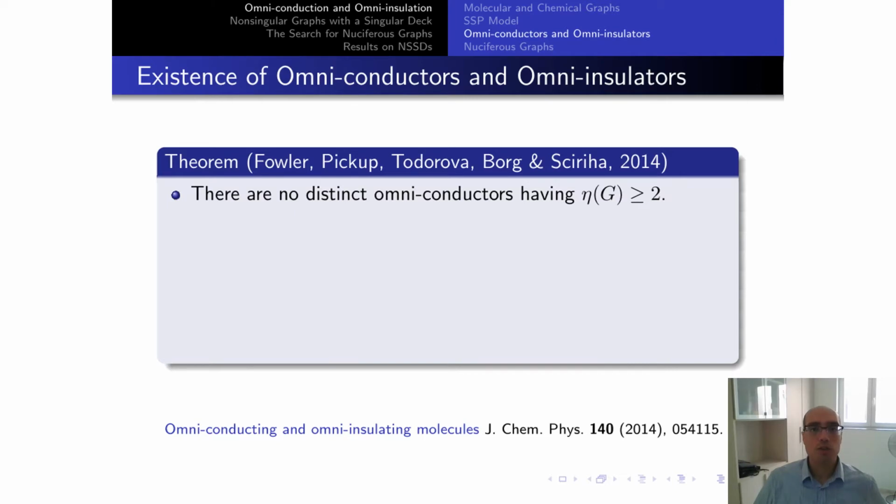The question now is whether these omniconductors or omni-insulators exist. And we have the following list of results from the paper Omniconducting and Omni-insulating Molecules by the authors written on the slide. So the first result is that there are no distinct omniconductors whose nullity is greater than or equal to 2.